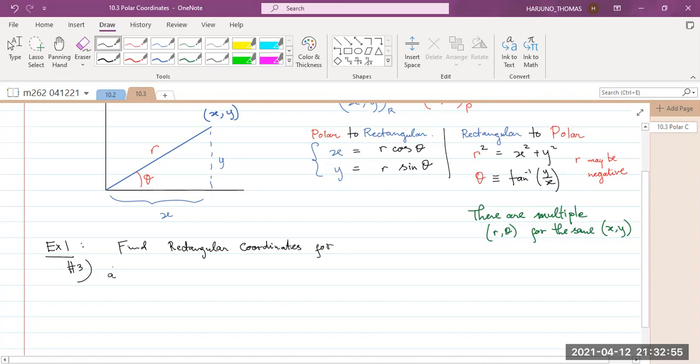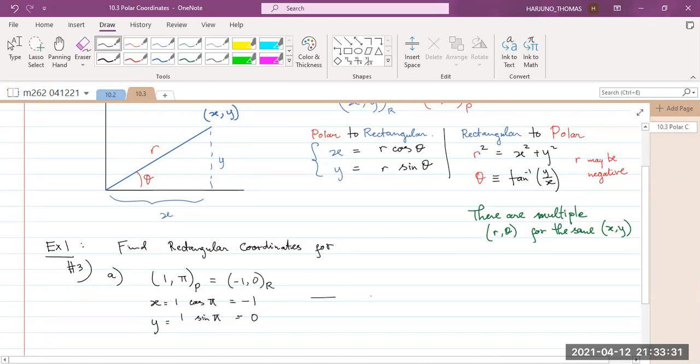Part A, 1 comma pi. So the x component is radius 1 cosine theta. That's -1. Y is r sine theta. That's 0. So the coordinate, this is in polar, the rectangular will be -1 comma 0.